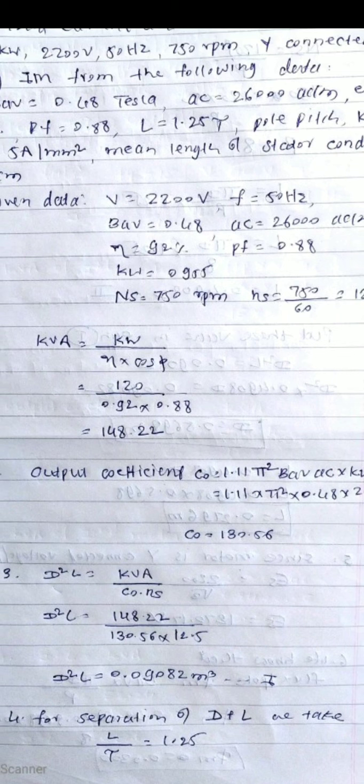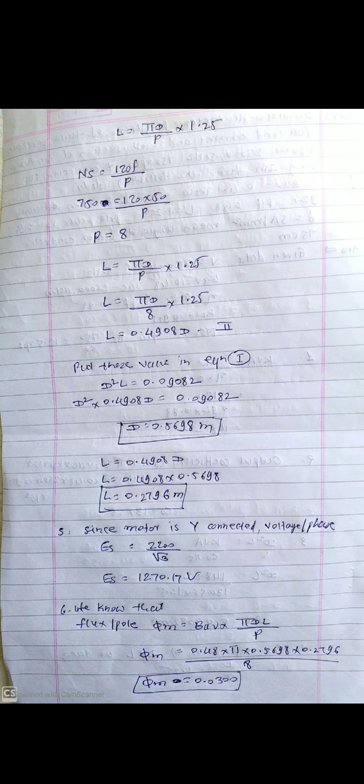To separate the values of D and L, we take L divided by tau equal to 1.25, which is already given in the problem. So L is equal to pi d divided by P into 1.25.